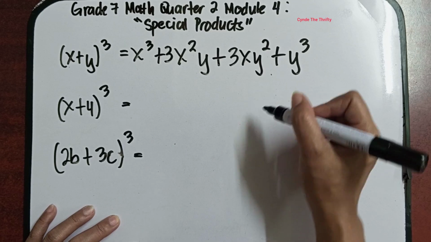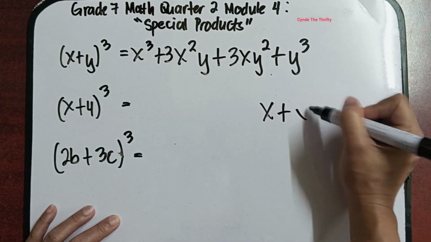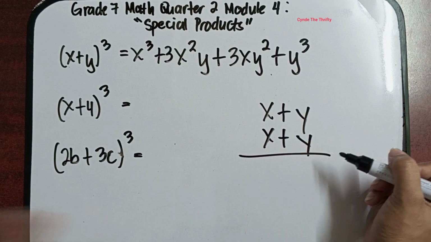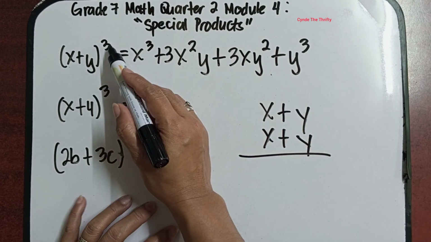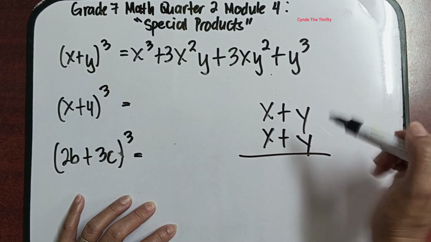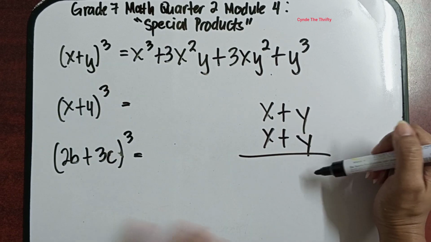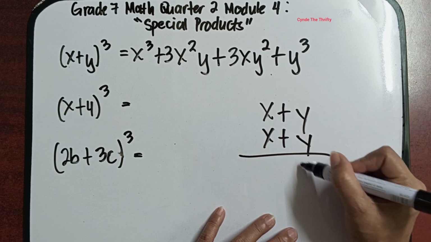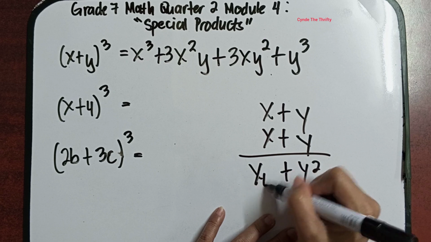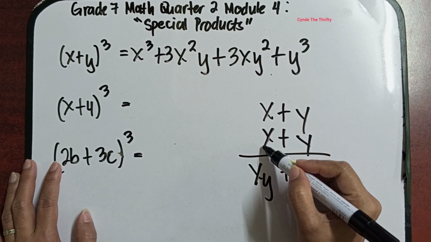Okay, so gagawin natin yung long process of multiplication para makita natin kung ano yung difference nilang dalawa. Okay, so x plus y cube, ibig sabihin si x plus y, i-multiply mo sa kanyang sarili 3 times. So, ito muna ang unahin natin, 2 times muna. So, y times y is equal to y squared plus y times x is equal to xy. And then, si x naman.